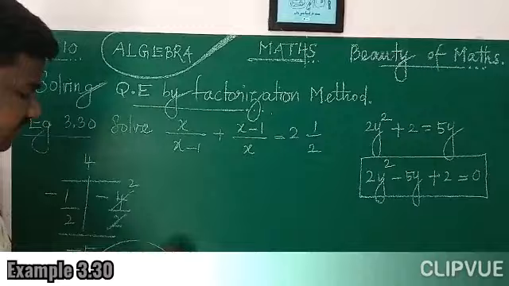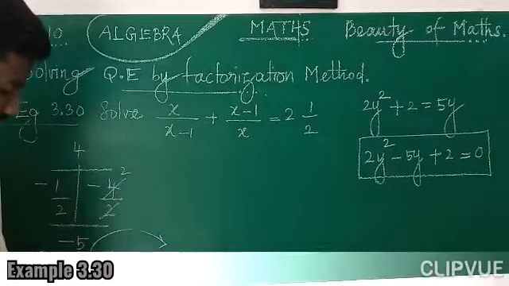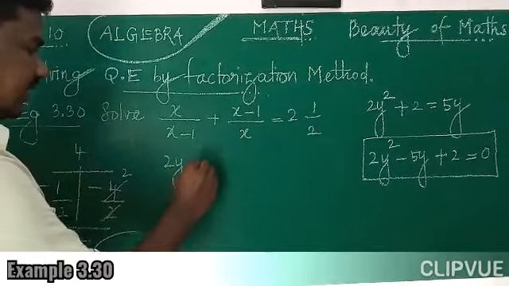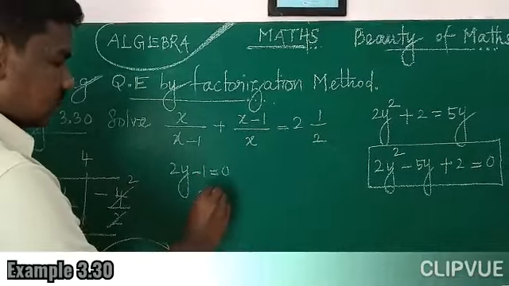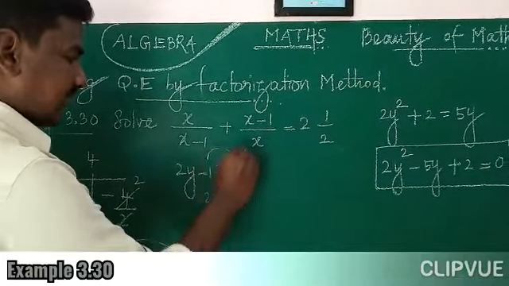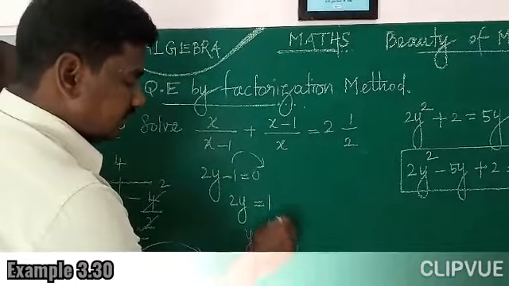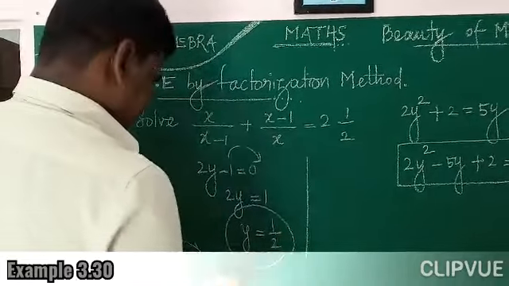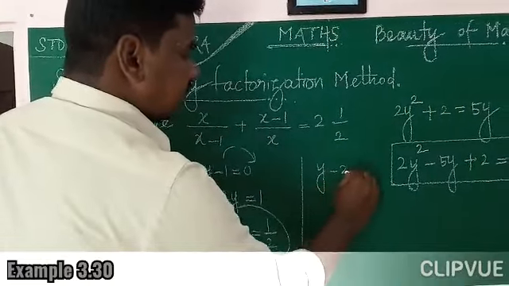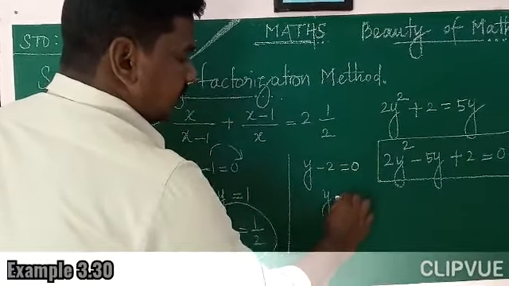So first we equate this factor to 0 and this factor to 0. So 2y minus 1 is equal to 0. So 2y is equal to plus 1. This minus 1 becomes plus 1 and y is equal to 1 by 2. And next one, y minus 2 is equal to 0. y is equal to 2.